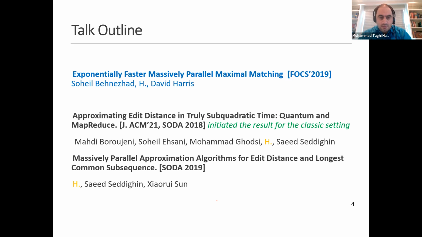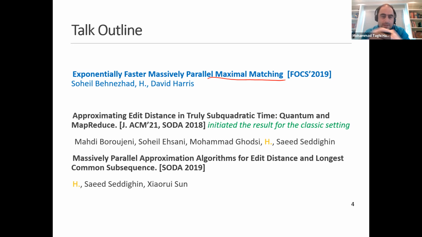So I want to talk about two important problems here. The first one is maximal matching. I will define it, and this is the paper that we had. The good thing is that the algorithm is very simple to describe, though the proof is not, but that's one of the places where it is very nice to have an algorithm that everyone understands.